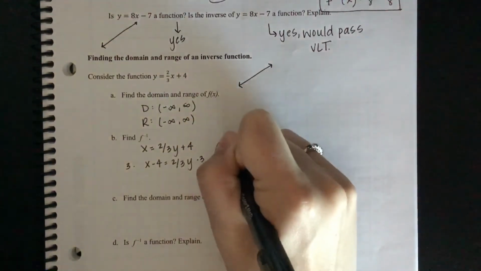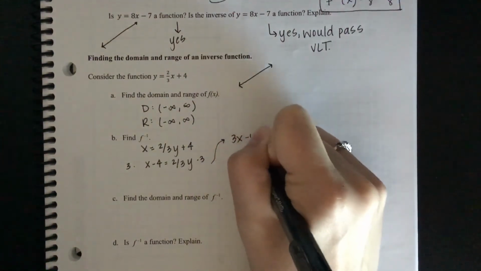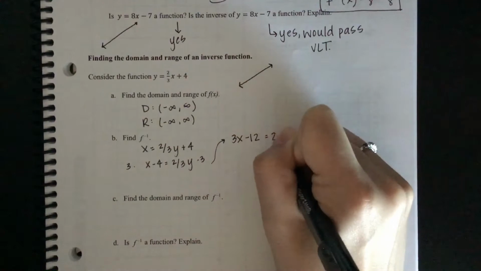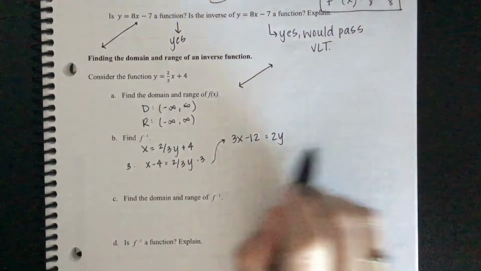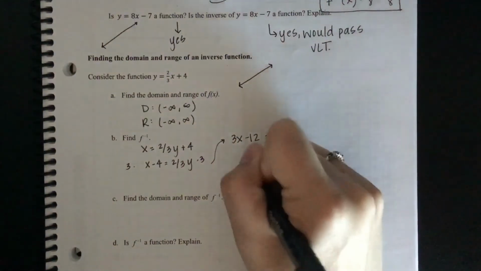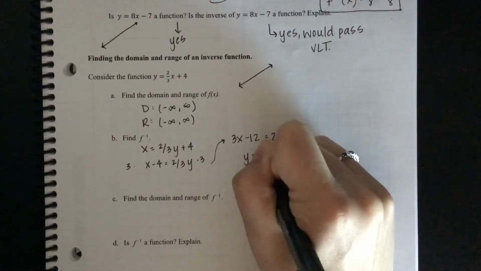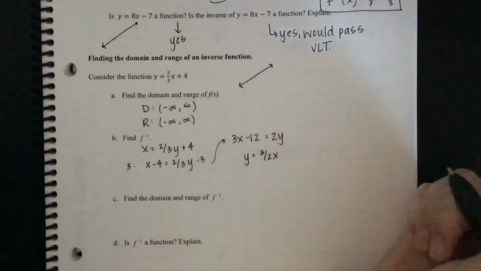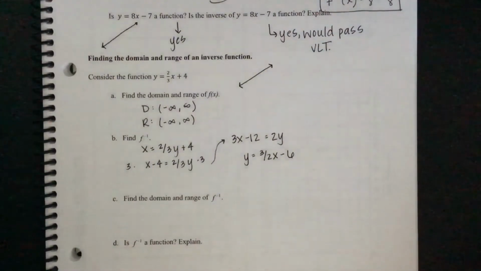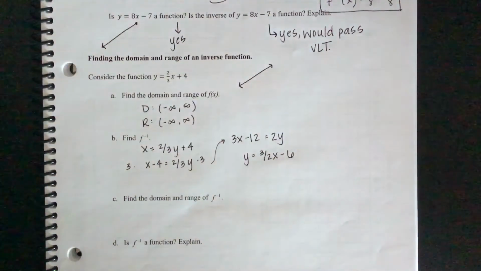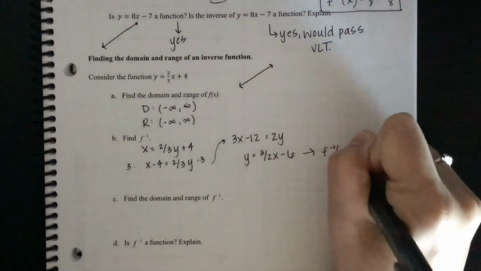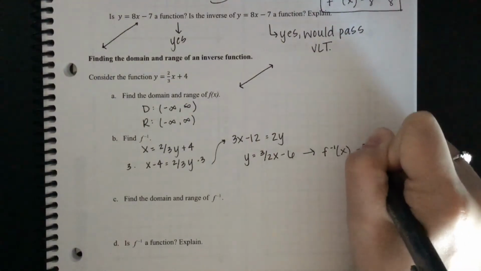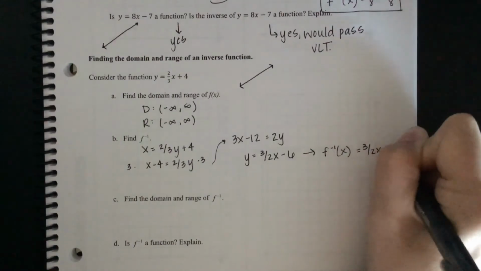So I'm going to be left with 3x minus 12 equals 2y. Divide by 2, and you're going to be left with y equals 3/2 x minus 6. We want to make sure we're staying in the normal notation, so f inverse of x equals 3/2 x minus 6.